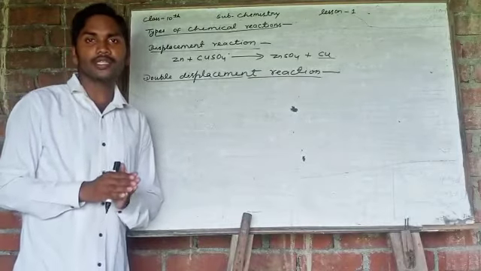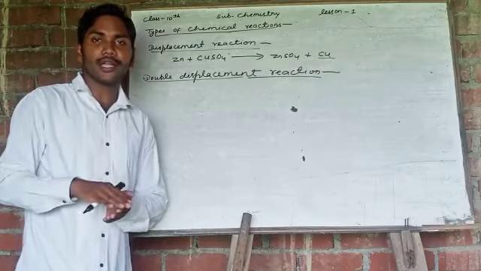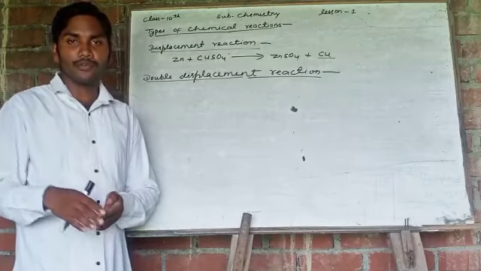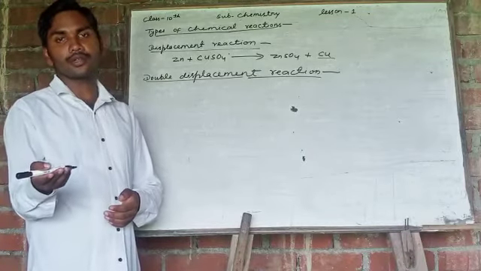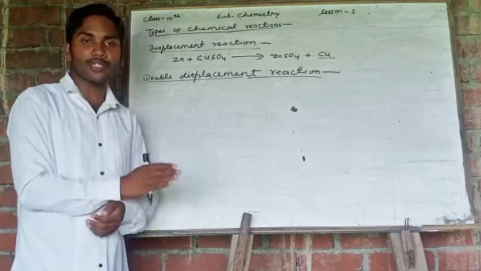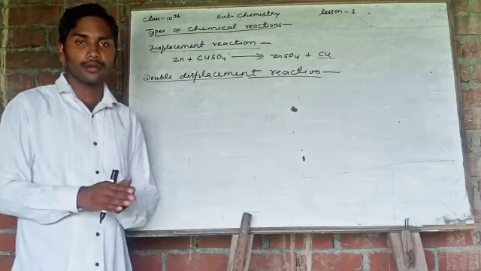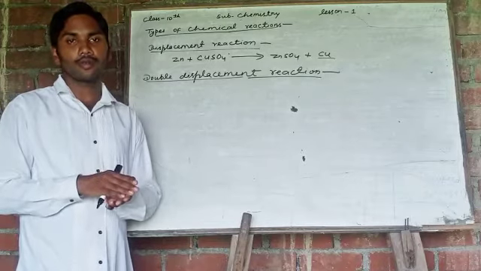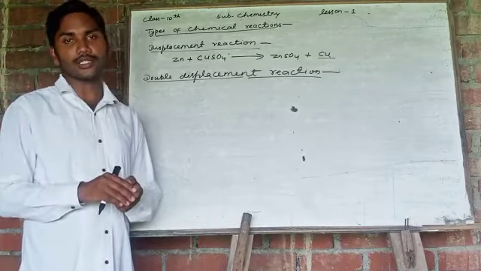Means in this reaction one element of a reactant displaces another element from the reactant, and that element displaces another element from the first reactant. Means in this case the places of elements change. Means in this case change of ion takes place.